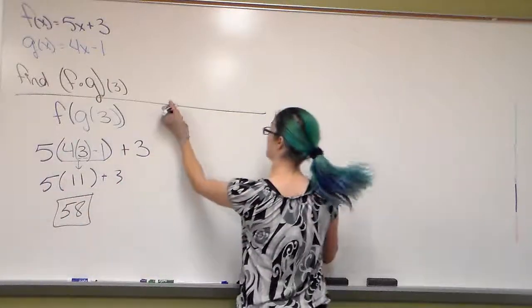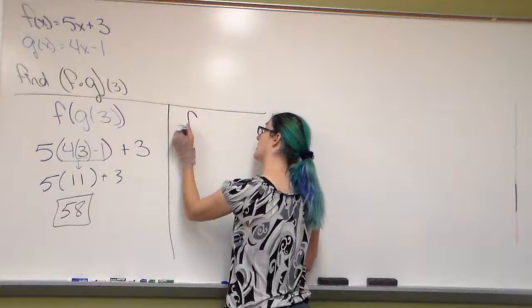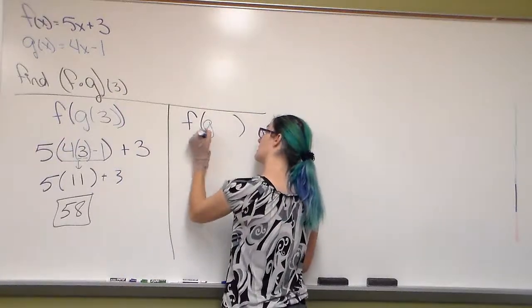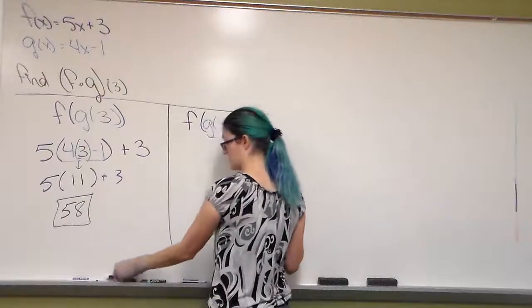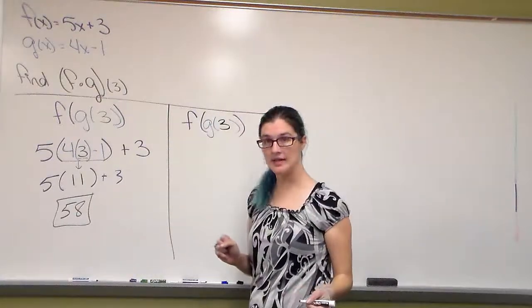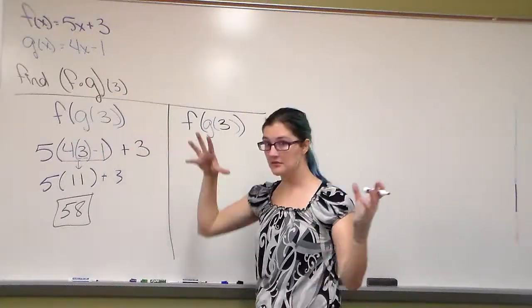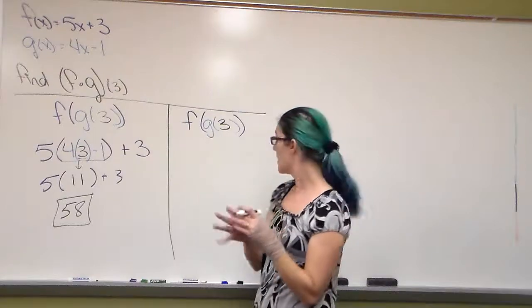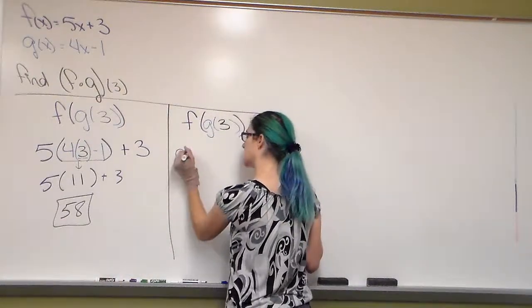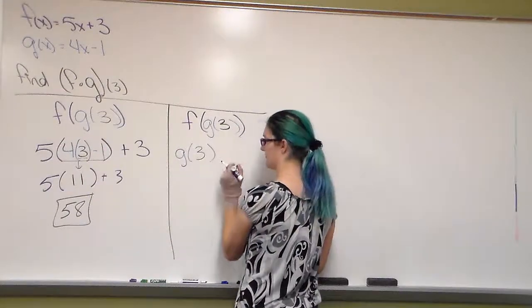Separate way. It's going to start off the exact same way. We have f of g of 3. And so what I can do here is, instead of trying to work it all at once, instead of trying to do it shorter, I can start with g of 3 and say we're going to find g of 3.